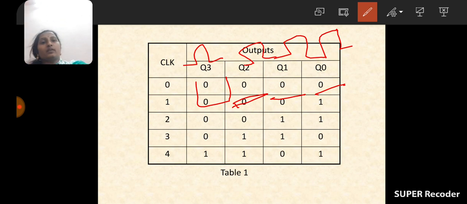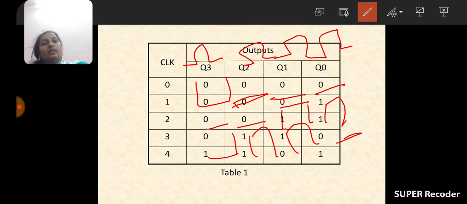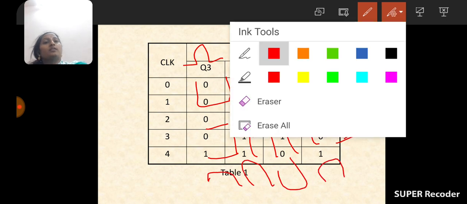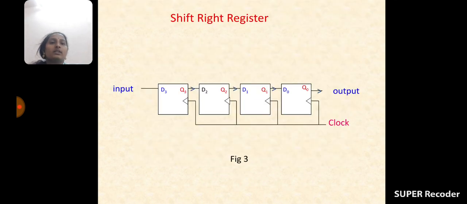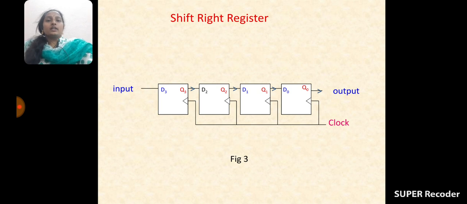For the next one it is 0, 0, 1, 1, then 0, 1, 1, 0, and then 1, 1, 0, 1. So in this way we are able to draw the clock pulses according to the truth table. It is very easy.